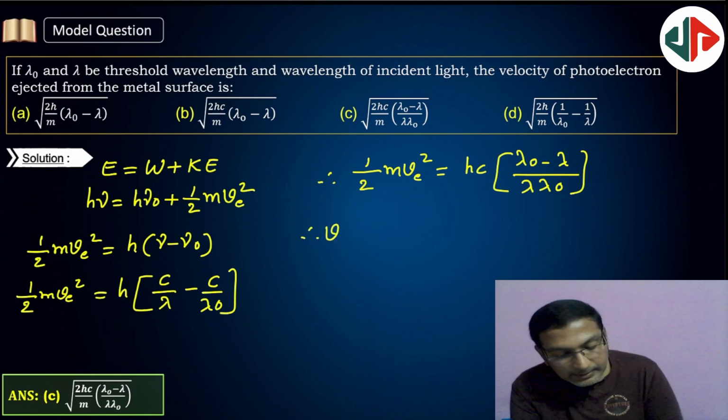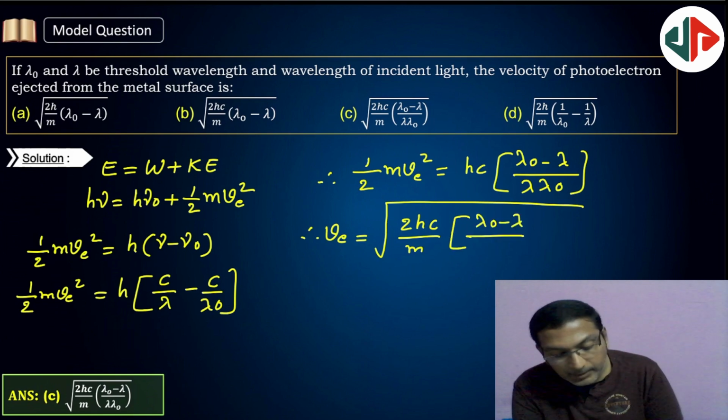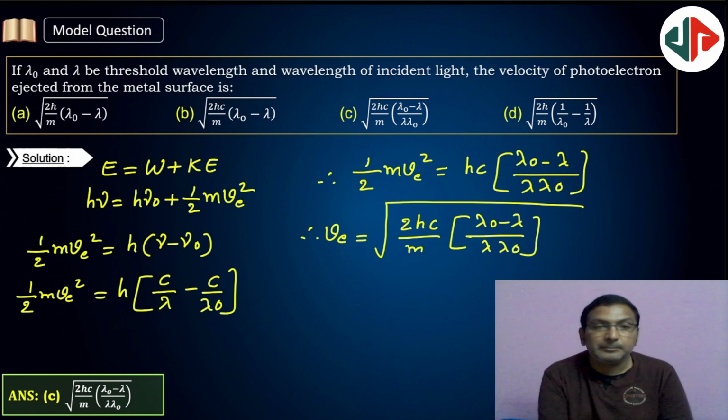So from this V equal to root of 2hc by m into lambda naught minus lambda by lambda into lambda naught. This is the expression.